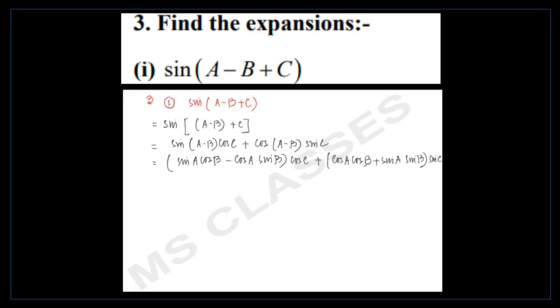Now if we multiply this, we get the required result: sine a cos b cos c minus cos a sine b cos c plus cos a cos b sine c plus sine a sine b sine c. So basically a very simple sum. You just apply the sine a minus b formula here, the cos a minus b formula, and then we have determined the value for the required result.